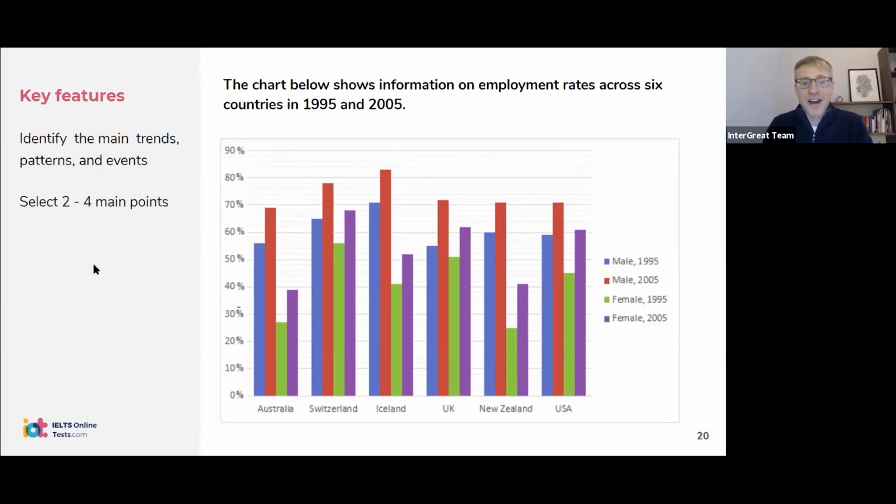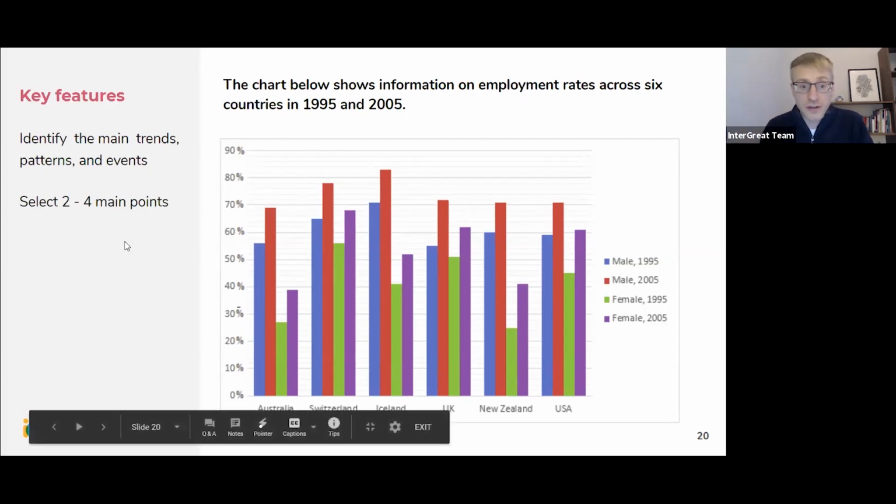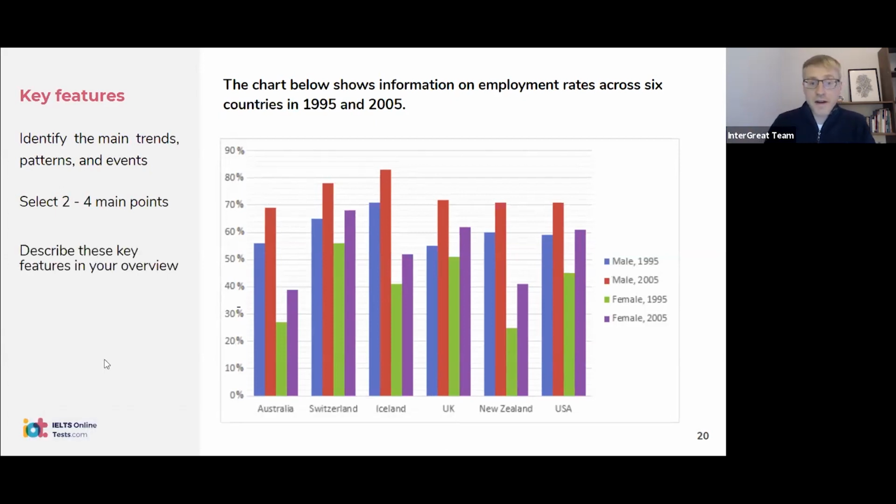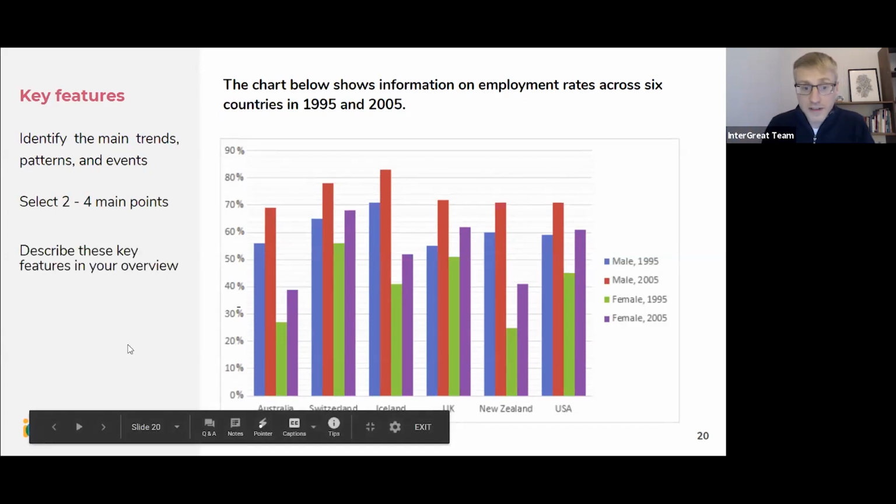So we want to choose 2 to 4 main points, which will be the focus of our overview. There's a lot of information here. We don't have time to describe everything, so we need to be selective, okay? Very good, Z. You want to look at maybe the highest, okay? We'll look at these in a moment, to describe the key features in your overview.